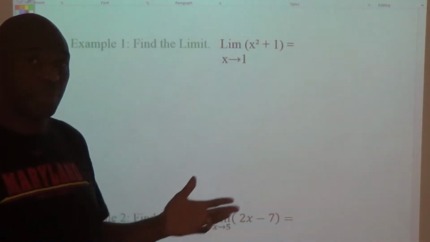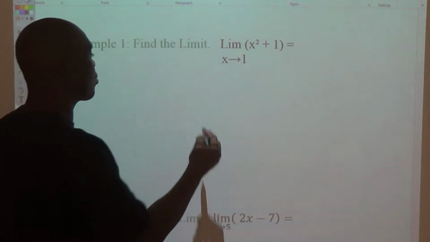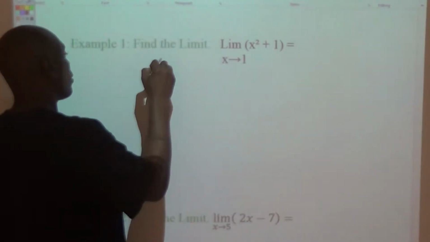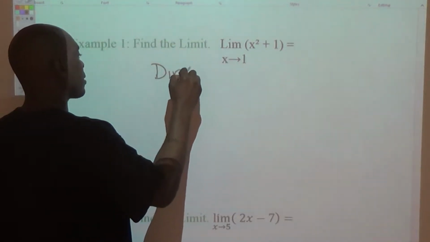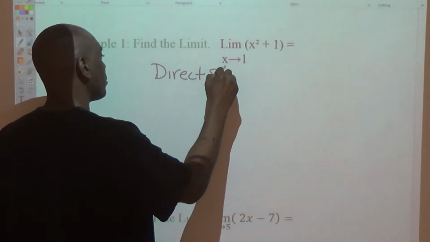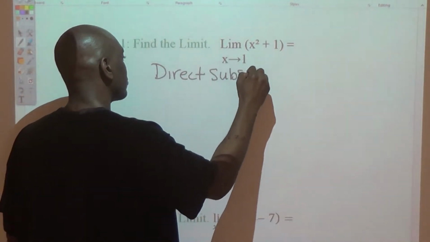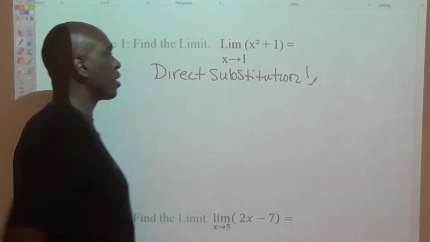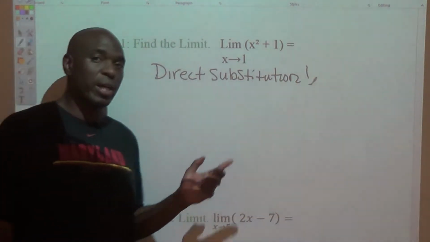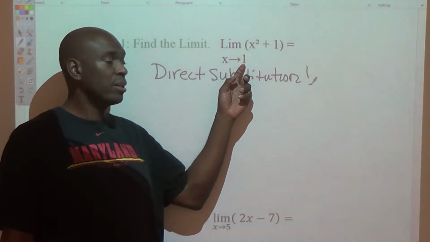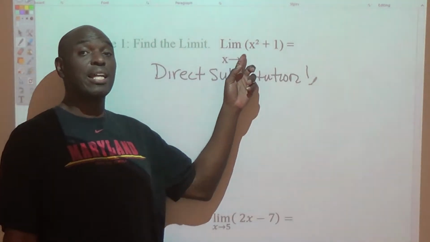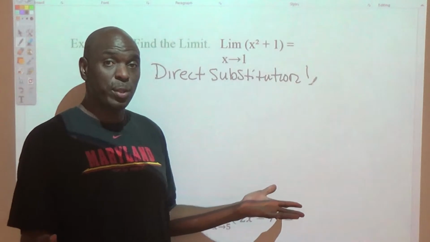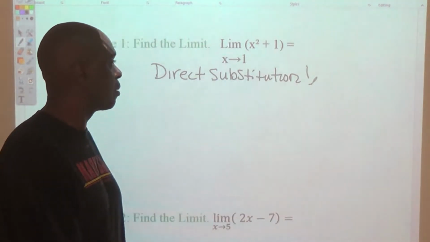What's the limit? Well, in this case, we want to use what we call direct substitution. Go ahead and take 1 and substitute 1 into x, and let's see what our output is going to be.